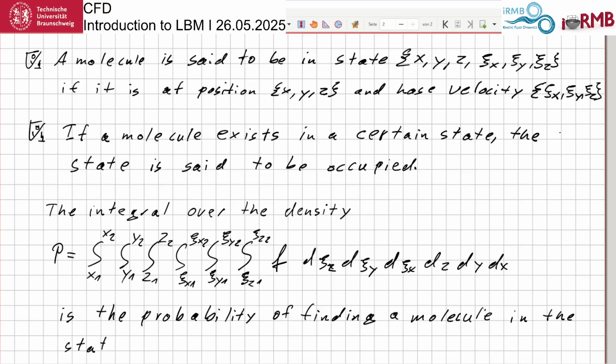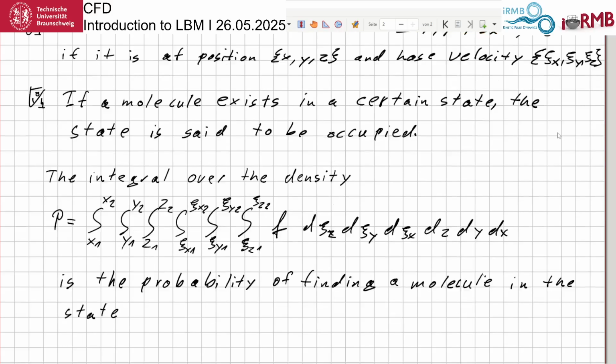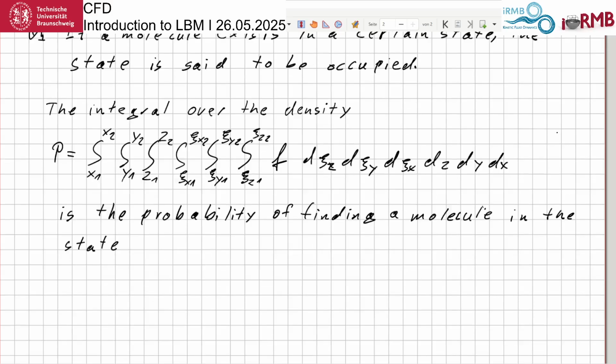So, okay, not in that one particular state, but in the volume of this state over which the integral is taken.